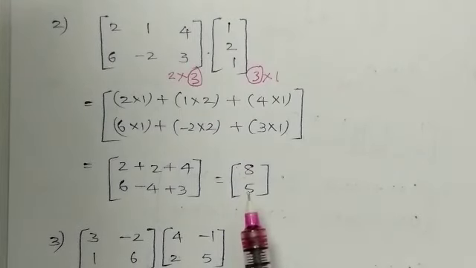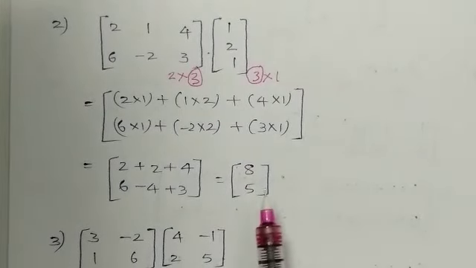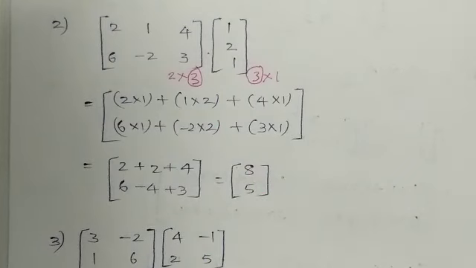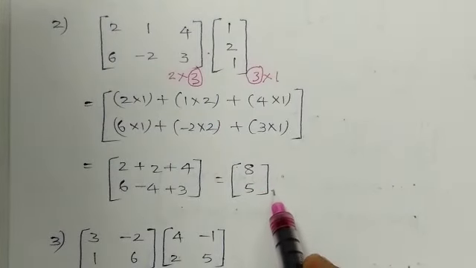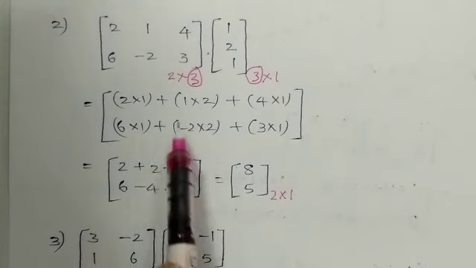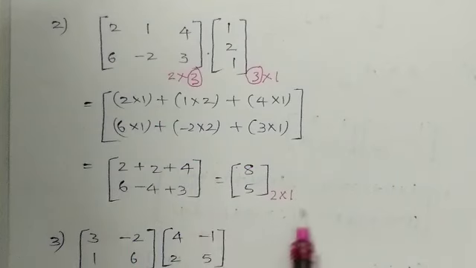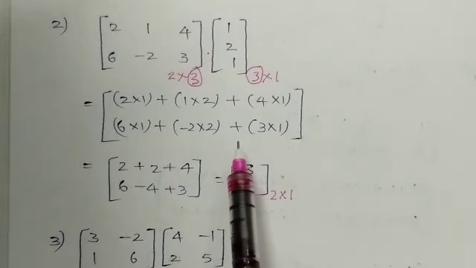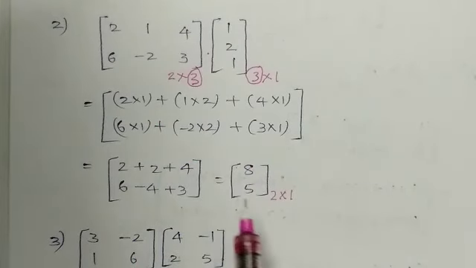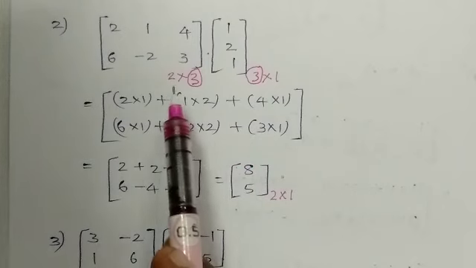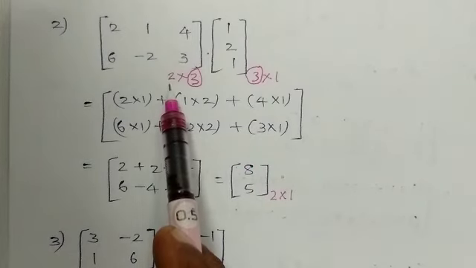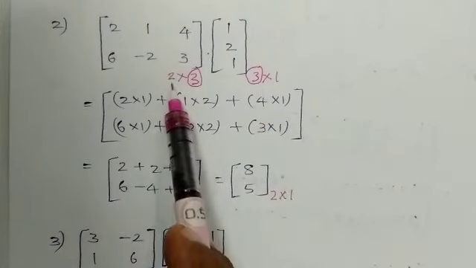What is the order of this matrix? 2 rows and 1 column. Before multiplication itself we said the order of the resultant matrix. Before getting the resultant matrix, we said the order of resultant matrix basing on these two numbers, 2 and 1.